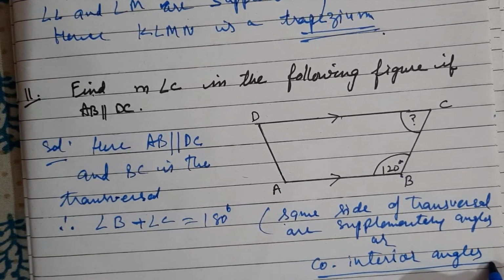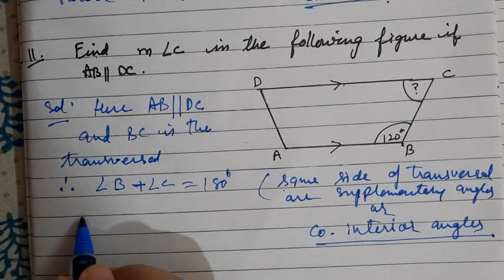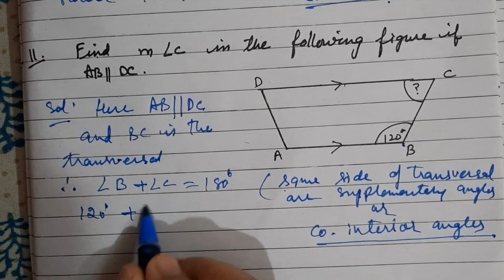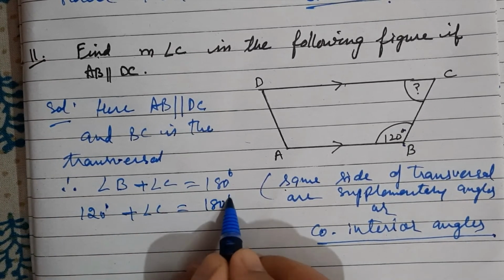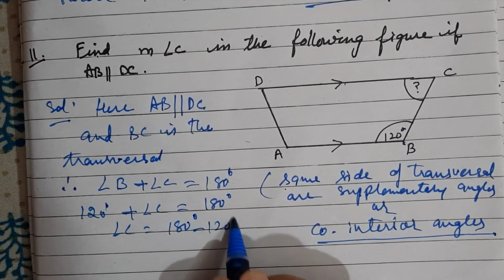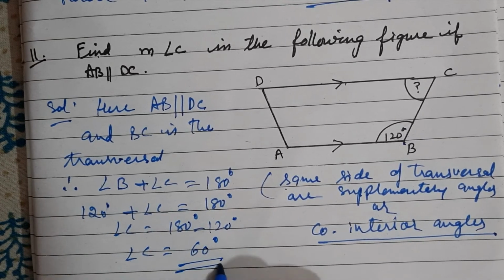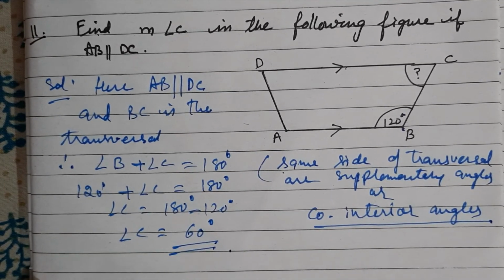This point was already explained in previous lessons. So angle B, 120 degrees, plus angle C is equal to 180 degrees. Angle C is equal to 180 degrees minus 120 degrees. Angle C is equal to 60 degrees. So this is the measure of angle C.